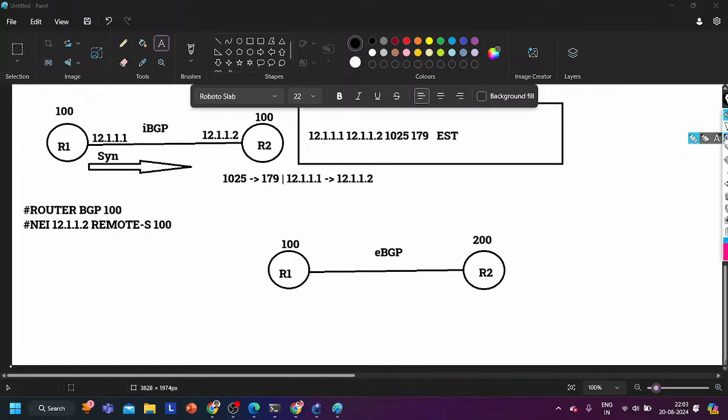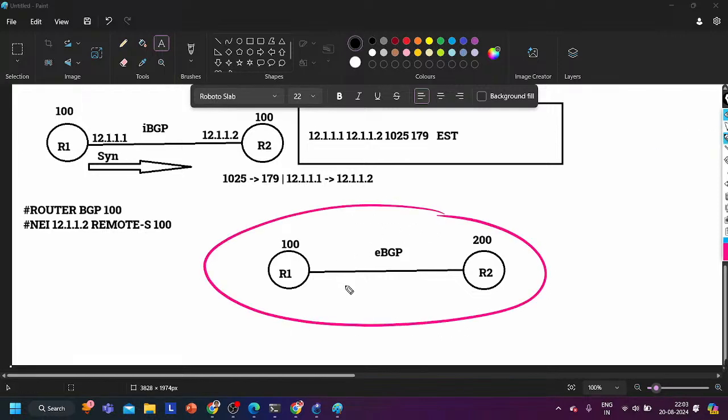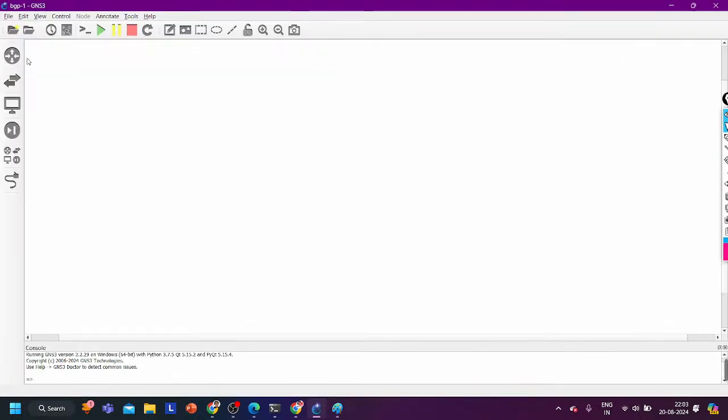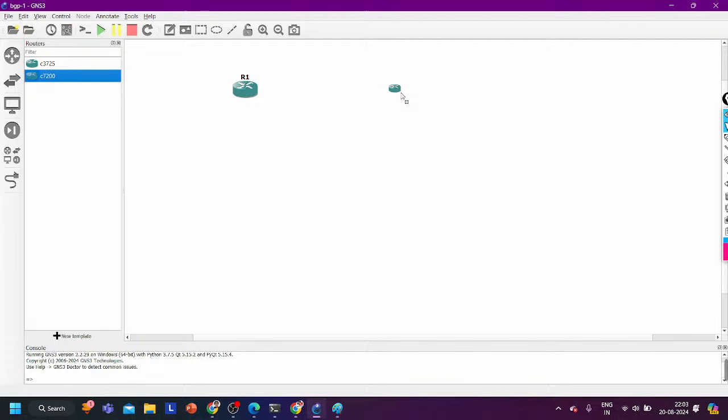In the same way, in this scenario, we will define neighbor 12.1.1.2, remote AS is 200. On router number 2, I will say neighbor 12.1.1.1, remote AS is 100. Let me do one thing. Let me perform a small lab of BGP today. And from tomorrow, we will be talking about the advanced concepts like messages, states of BGP, and many more concepts.